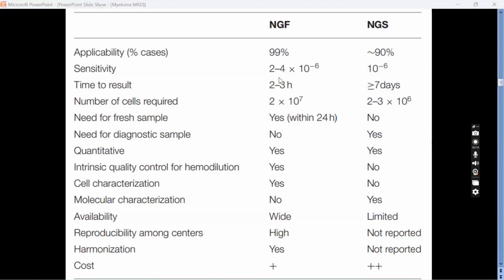When you're acquiring 5 million or 10 million events, the size of that file will be too big. To analyze that file, you need a computer with a highly sophisticated graphic card. You cannot do that analysis on a conventional computer.